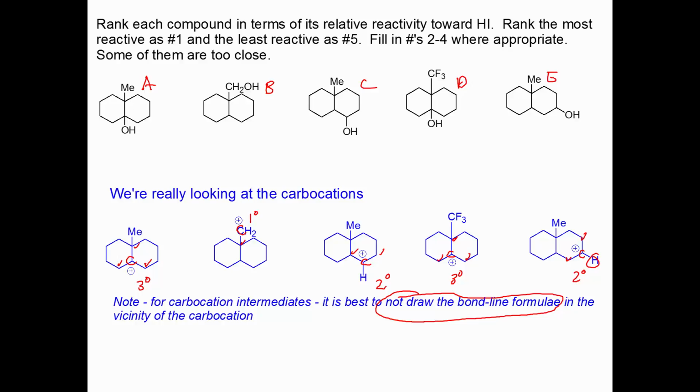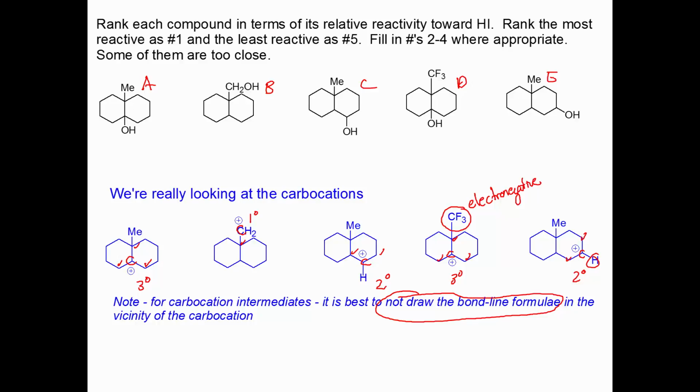Okay. So we're looking at which one of these will proceed through the most stable carbocation. We're probably going to say A and D are going to be the fastest because they're tertiary. This one has a CF3 and this is electronegative, and that's the difference there.